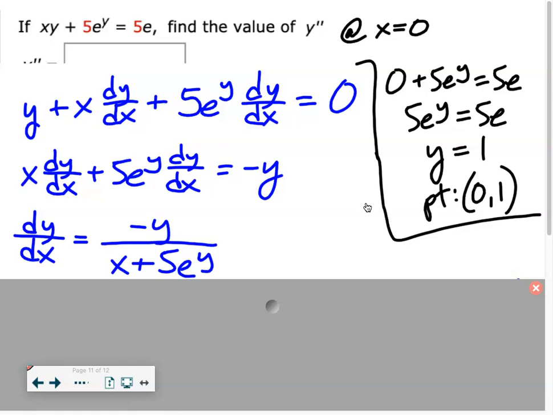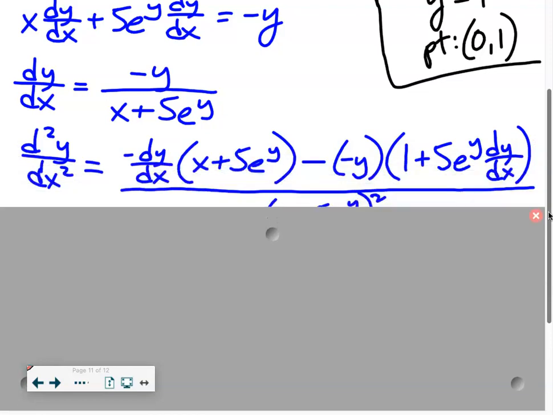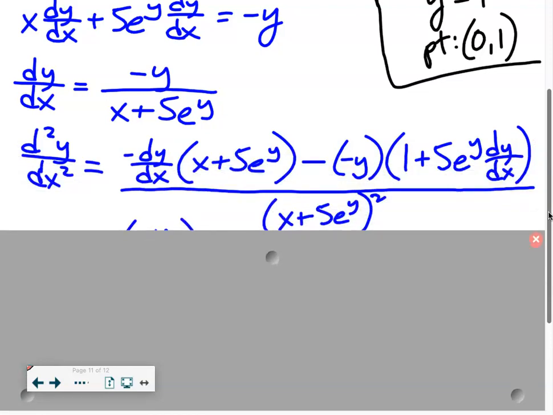What rule am I going to have to use? Quotient rule. So for the quotient rule, the derivative of the top: the derivative of negative y is negative dy dx, right?